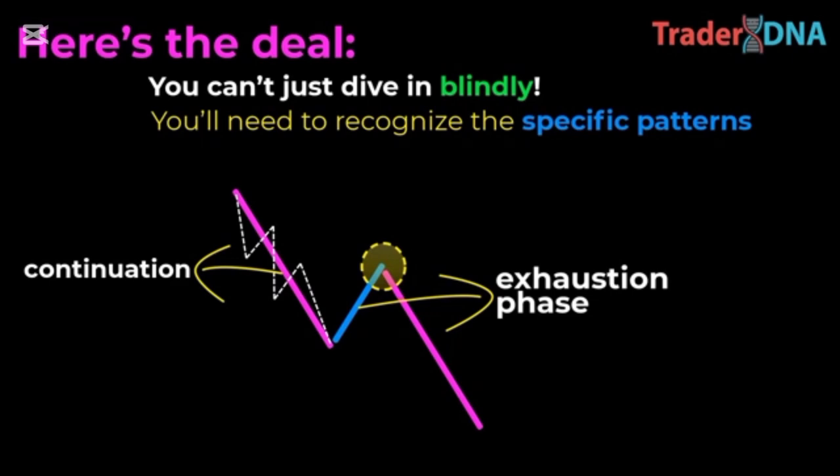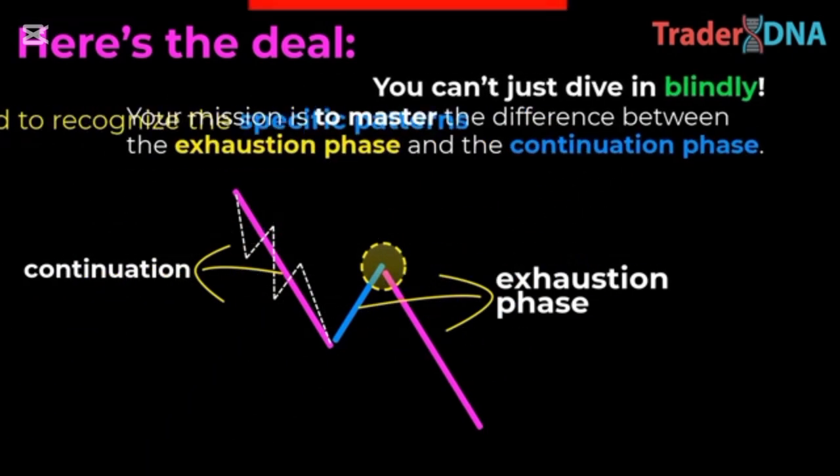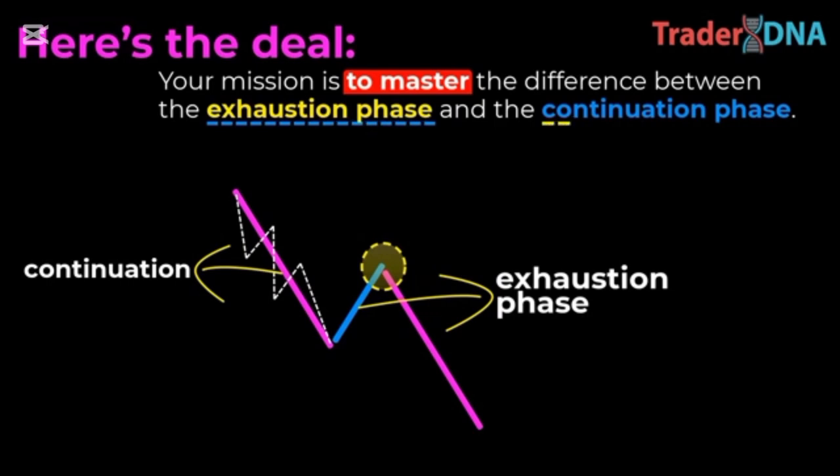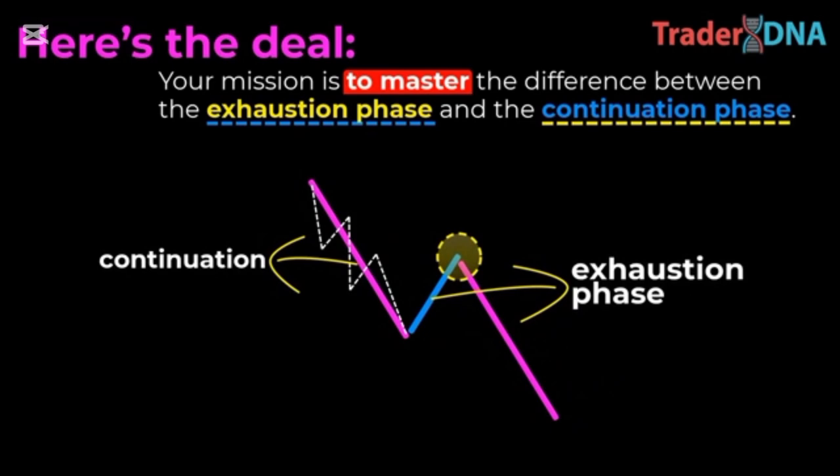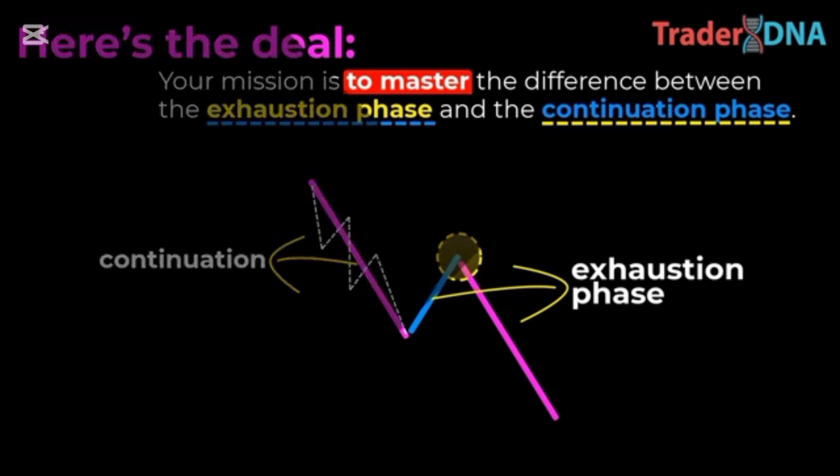So, to wrap it up, your mission is to master the difference between the exhaustion phase and the continuation phase. Once you understand how to spot these phases and the patterns that come with them, you'll have everything you need to time your trades like a pro. Whether the market's trending up or down, you'll know exactly what to do and when to do it. Let's get into it.